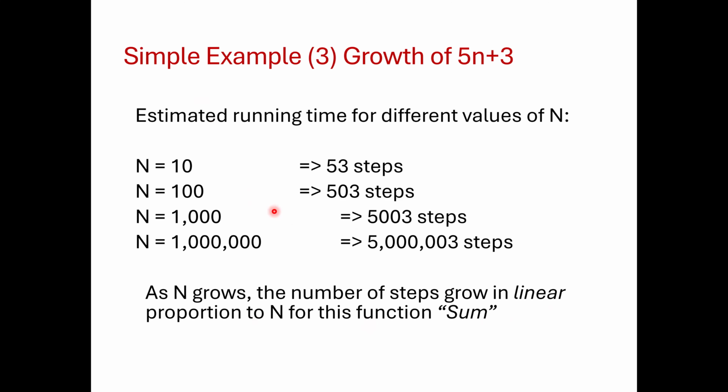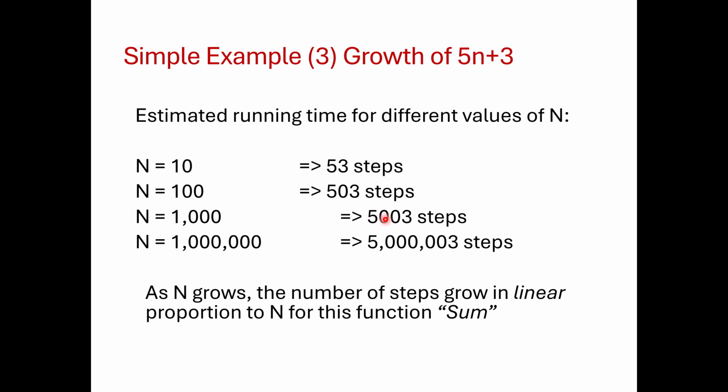In fact, when we analyze algorithms as information technologists, computer scientists, we are not really interested in the exact number of steps. So whether it is 53 steps or 5,000,003 steps, it's not really of concern to us.